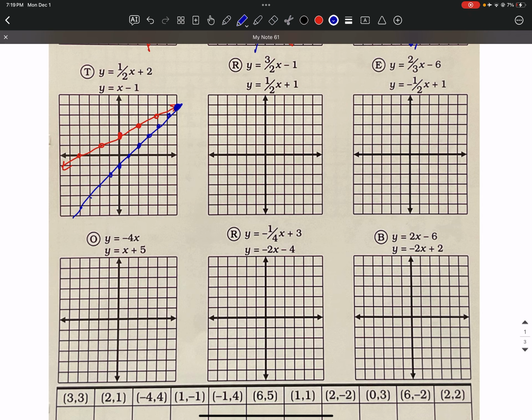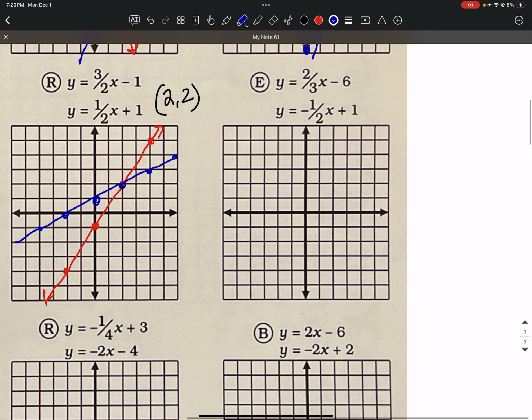Hits right there at 6, 5. This one starts off at negative 1 and goes up 3 over 2, up 3 over 2. There we go. This one starts off at positive 1 and goes up 1 over 2, up 1 over 2, up 1 over 2. There we go. This one hits at 2, 2.